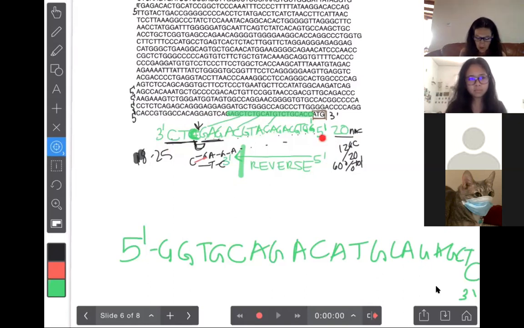So I just took the 5' end, so this is G, G, T, G, C, A, G, A, all the way through. It's that same exact sequence. It's the same primer, just written 5' to 3'.